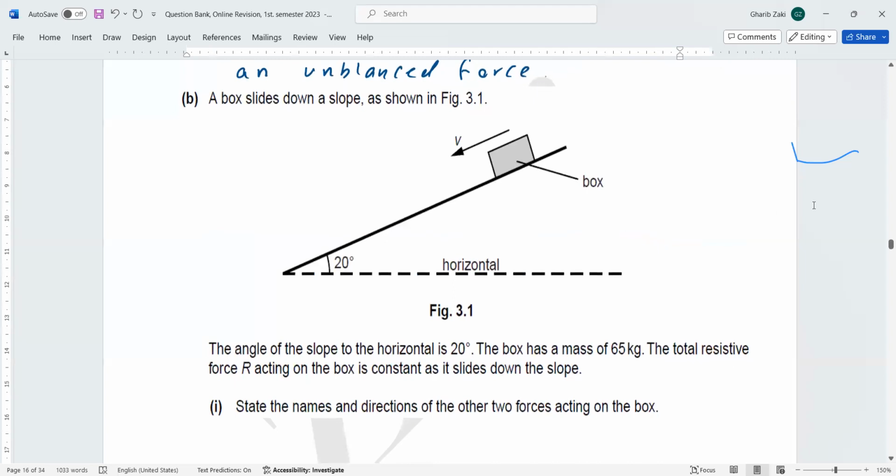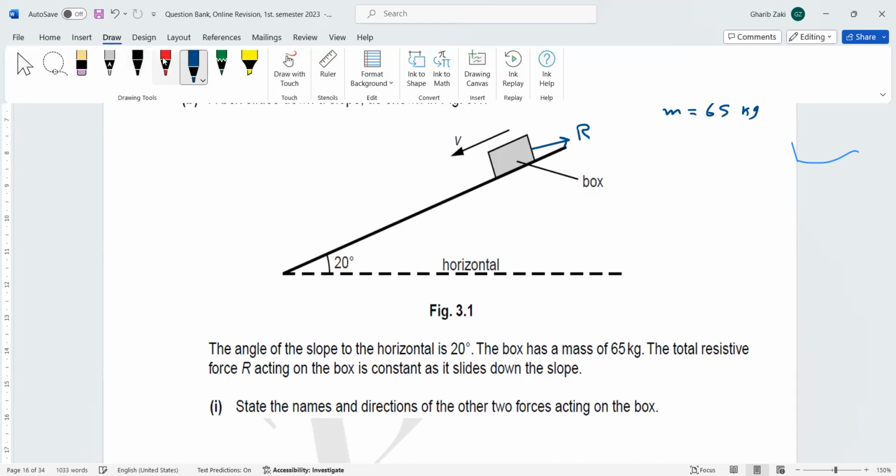They said a box slides down a slope as shown in the figure. The angle is 20. The box has mass M equals 65 kilogram. The total resistive force acting on the box is constant when it slides down. So this is R. State the names and direction of the other two forces.